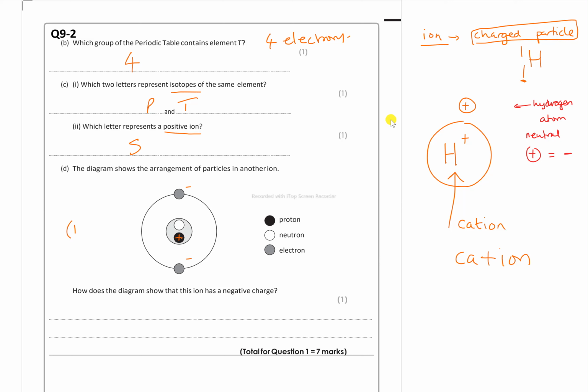So we've got one plus, two minuses. Right. Them two cancel each other out. So you're left with an overall negative charge. So there's one more electron than a proton. There you go.